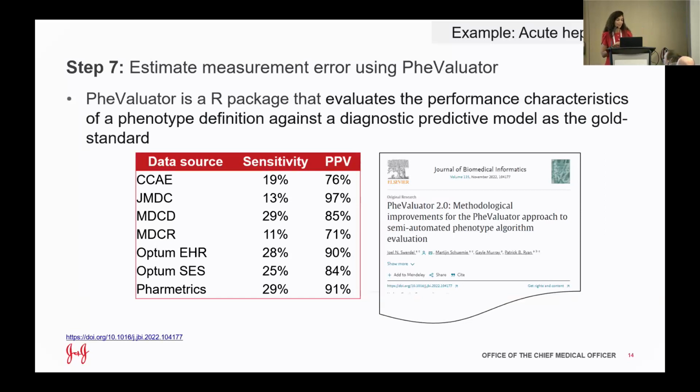And what we see here for acute hepatic failure, we do pretty good in our PPV, somewhere between 70 to 90%, which we kind of expect looking at those records and how much clinical validity they have. However, we do a horrible job in sensitivity. This is really bad, somewhere between 19 to 29%. And that's probably, we know, because of the ICD-9 issue, because we're looking at the full set of the data, which includes data prior to 2015.